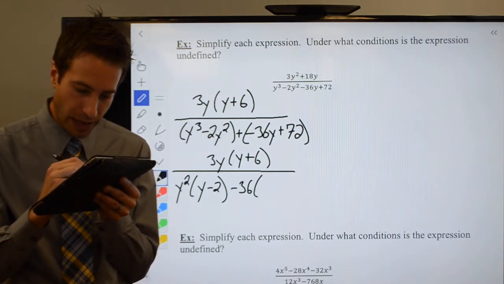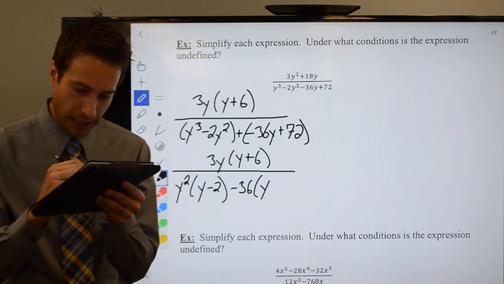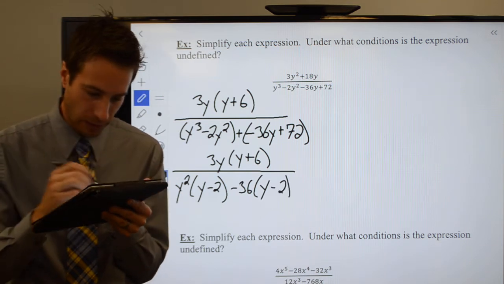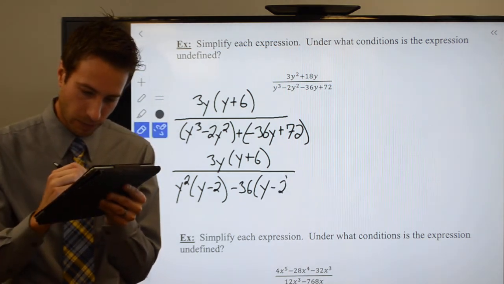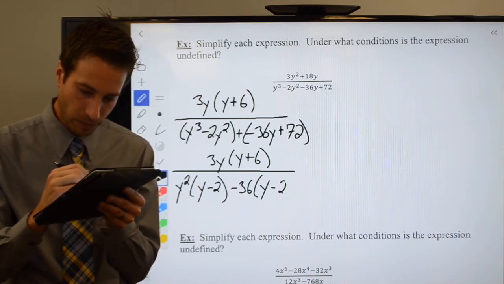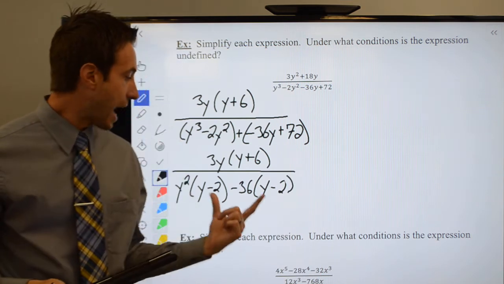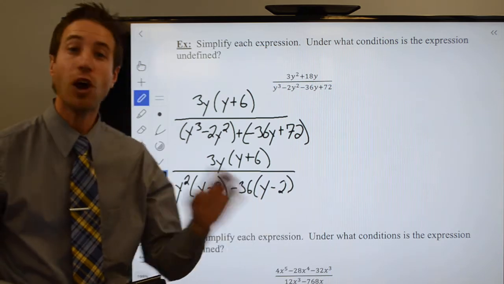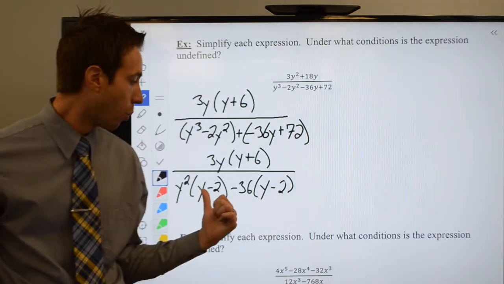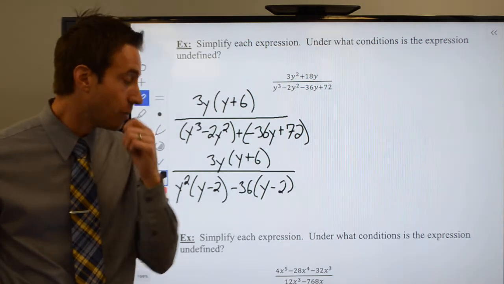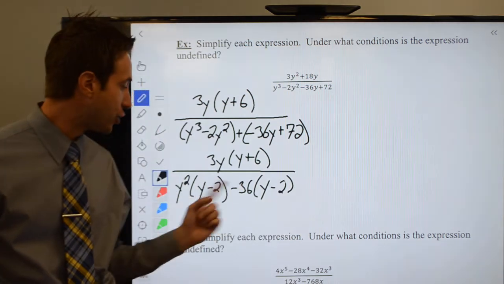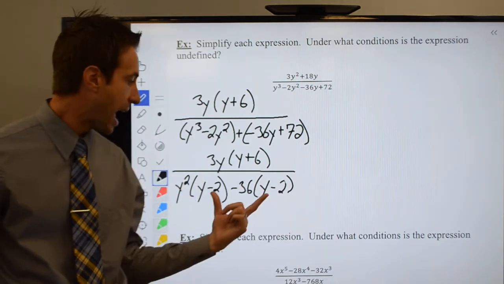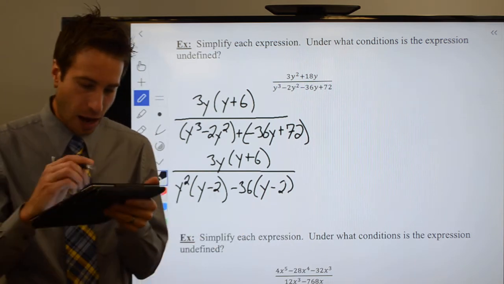Leaves me with a y minus 2. Okay, so now that I've grouped and factored, my two factors that are left over have to be the same, and they are y minus 2 and y minus 2. I'll rewrite this now with my GCFs as a factor, and then the y minus 2s as my other factor.